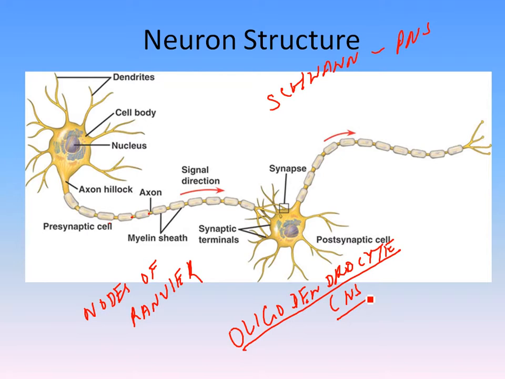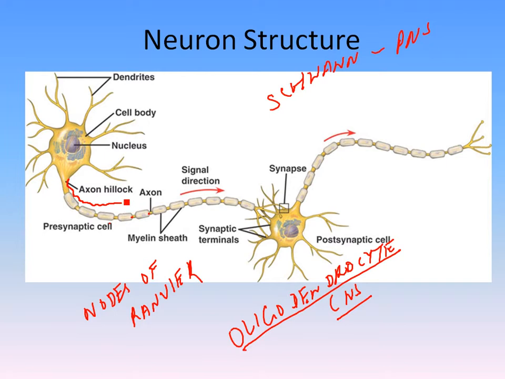No matter whichever cell forms it, the main purpose of the myelin sheath is to increase the speed at which the message or the impulse is transmitted down the axon. Because along the unmyelinated axon, the message moves through a continuous wave all along the axon.